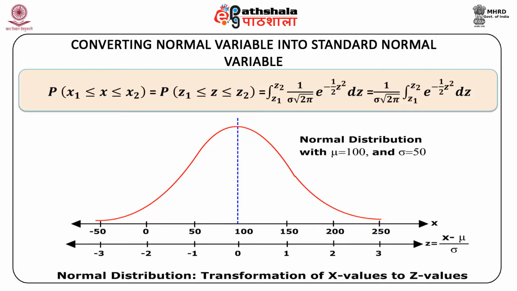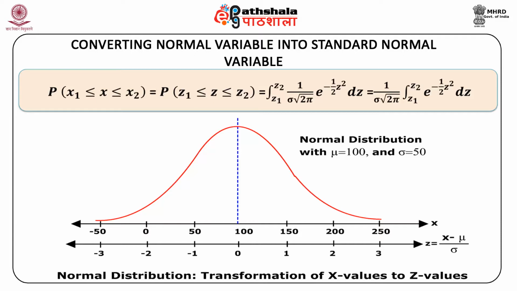The probability that x is greater than equal to x1 and that x2 is greater than equal to x is equal to the probability that z is greater than equal to z1 and z2 is greater than equal to z, which is equal to integration z1 to z2 1 over sigma root 2 pi e to the power of minus half z squared dz.